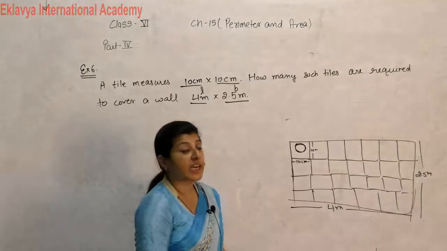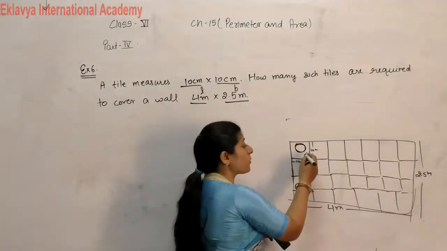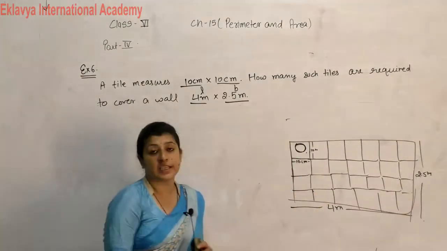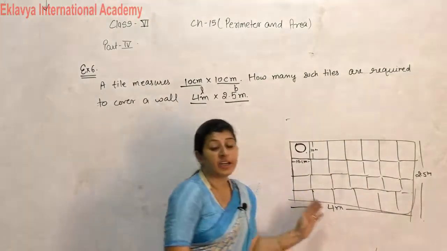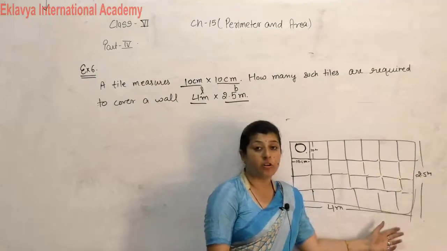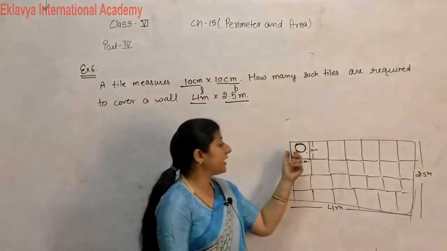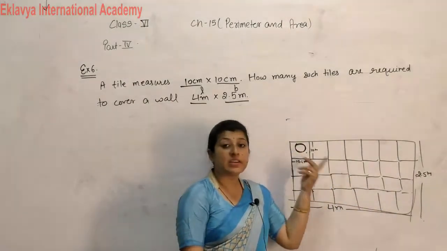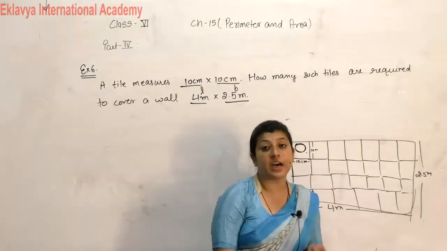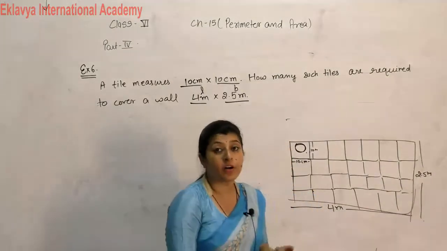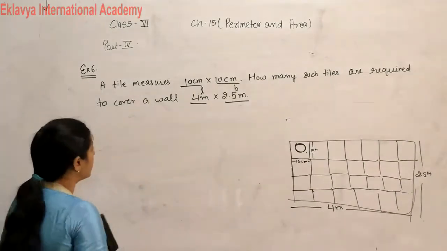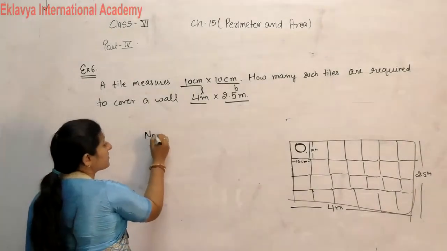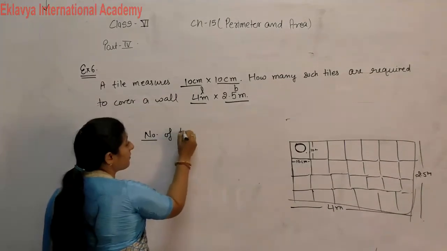The area of one tile: this is a square, so side into side. Then the total area of the wall divided by the area of one tile gives the number of tiles. In these types of questions, there is a formula whenever you find the number of anything.